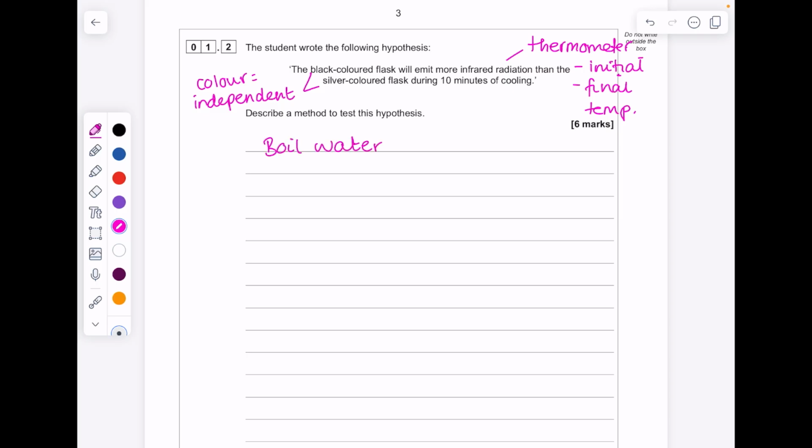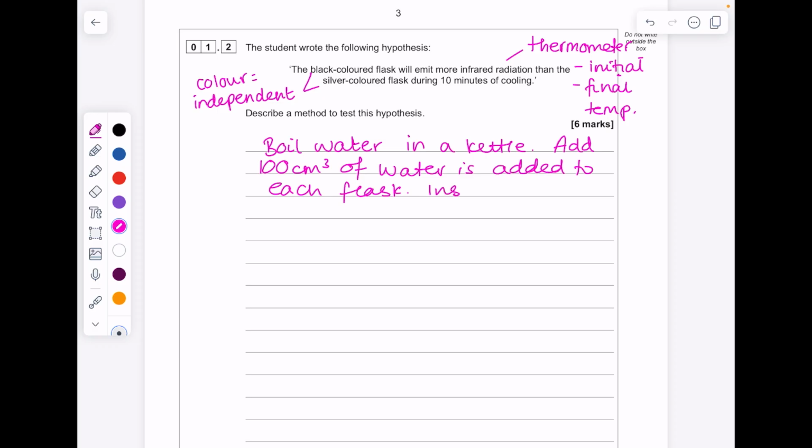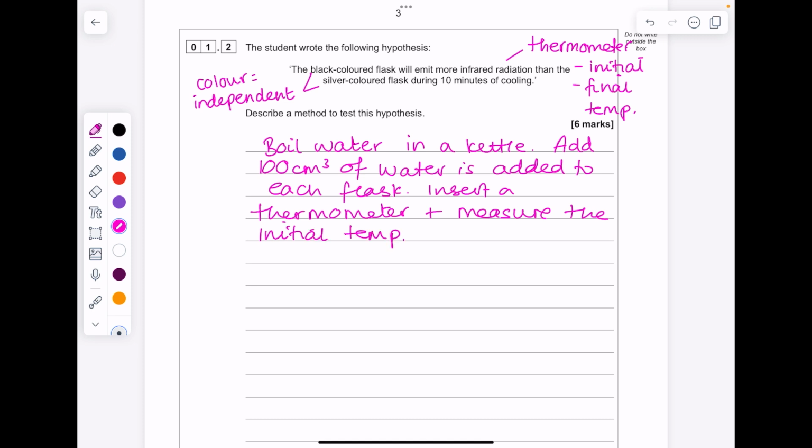After all, they've provided us with a kettle. Then we need to make sure we are controlling how much water we're adding to each flask. So I'm going to choose 100 centimetres cubed of water added to each flask. Then we want to insert a thermometer and measure the initial temperature. We know we need to record the final temperature, so we are going to use a stop clock to do that.